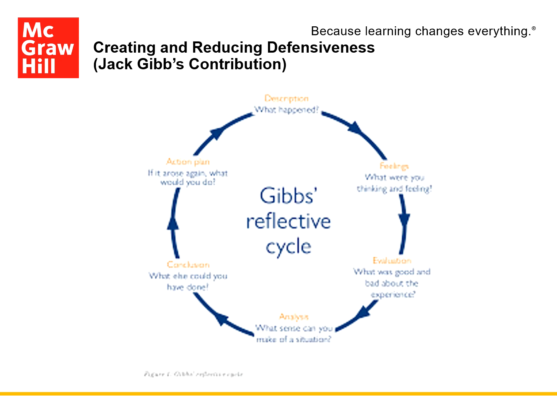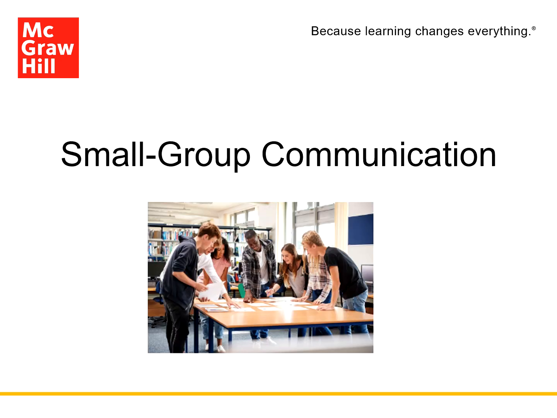You analyze: what sense can I make of the situation? And then you draw conclusions: what else could I have done? And then there's an action: if the situation arises again, what would I do differently? And the cycle begins again.